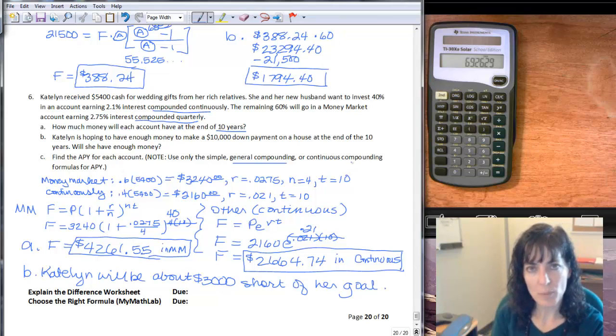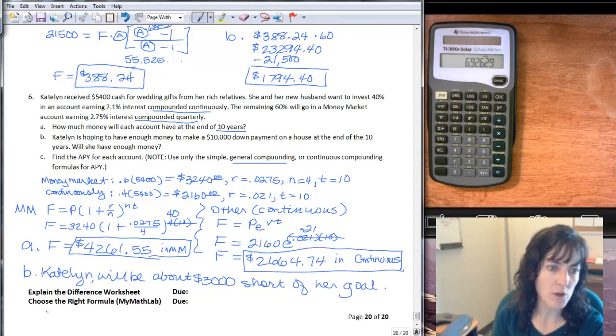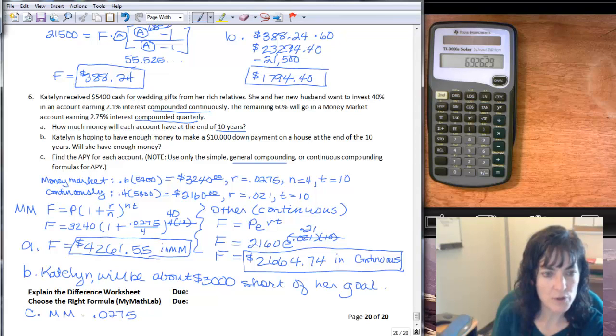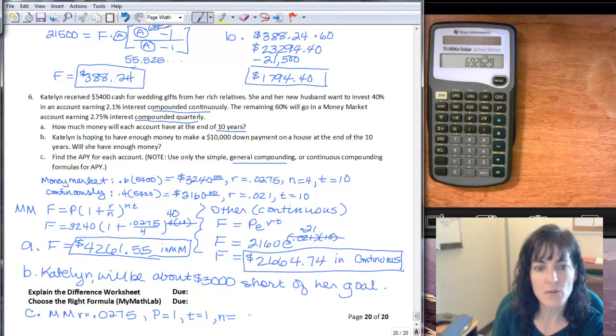And we talked about which formulas to use, and on this one it's pretty straightforward because it's the same formulas that we use to calculate the interest, but let's check on it. So for the money market account, that had 0.0275 for the R. And remember, we always use P equals 1 and T equals 1. And so the only other thing we need is the N for this one.